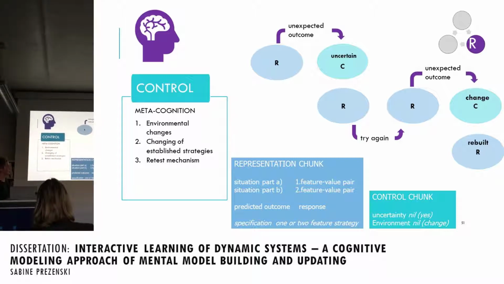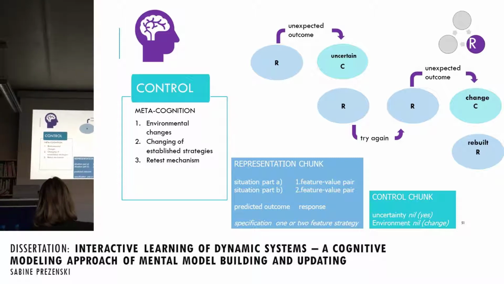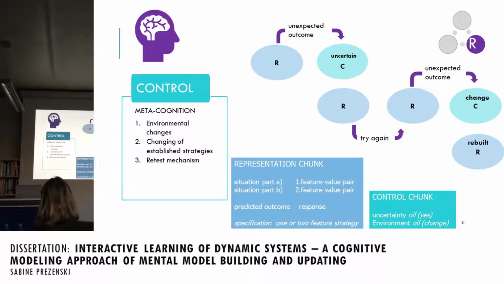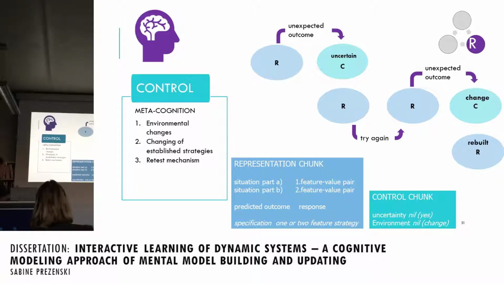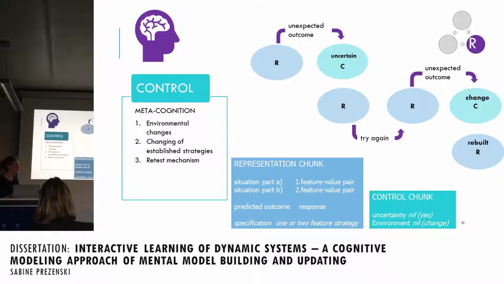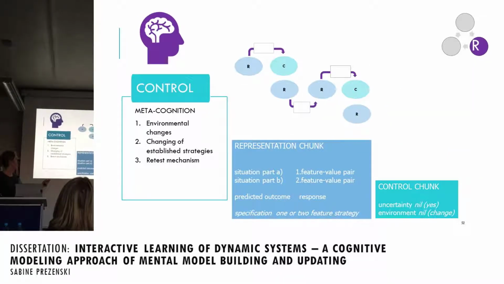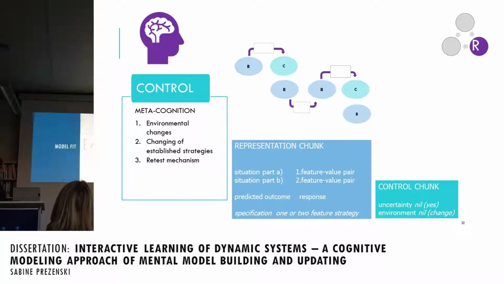Then we note in the control chunk that we're uncertain about this strategy. We try it again, we get an unexpected outcome, and then the control chunk will note, okay, something has changed in the environment, and the representation chunk is rebuilt. Okay, so these are the reflection mechanisms used.